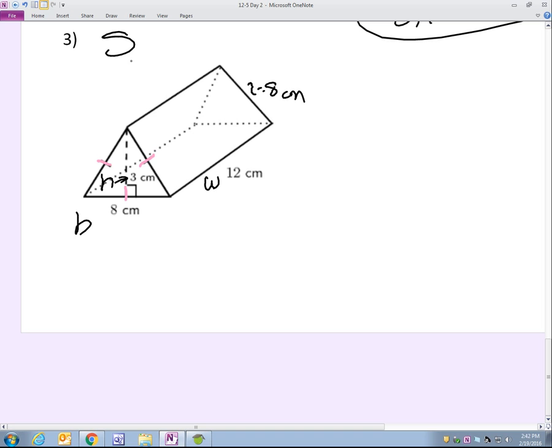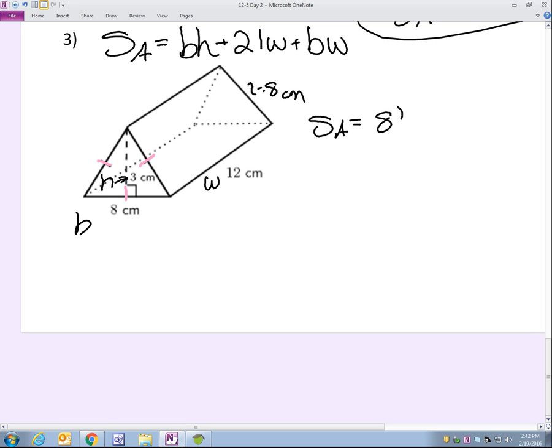So I'm going to write in the surface area. I keep saying service area for volleyball. Surface area, plus 2 L W, plus B W. Now I just plug that in. Surface area equals, my base is 8. My height is 3.